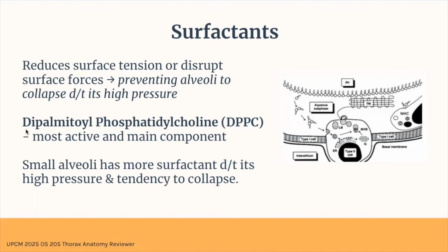So, di ko na ipapronounce yan, but basta si DPPC, yan yung most active and main component ng surfactants mo. So, smaller alveoli, sila yung pinakamaraming surfactant kasi sila yung may highest pressure and highest tendency to collapse.